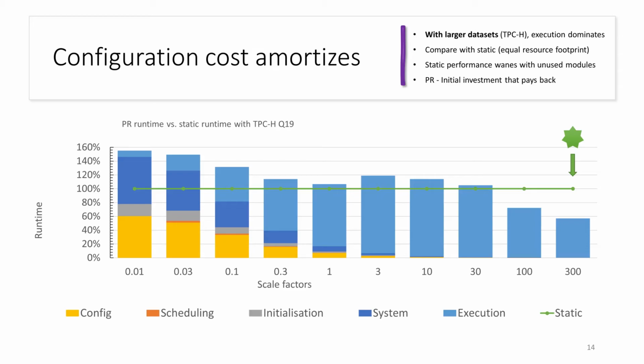Furthermore, we crafted static pipelines using the same number of resources as the partially reconfigurable system uses. We observed that with large datasets, the dynamic system could adapt to these large datasets and allocate all resources to critical operations to gain back the time spent on reconfiguration.